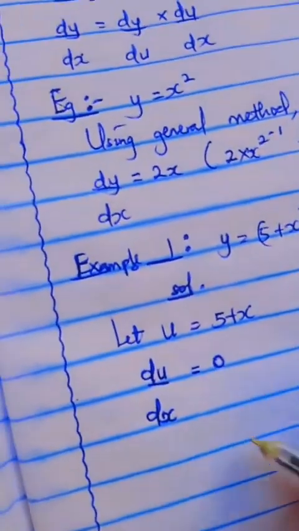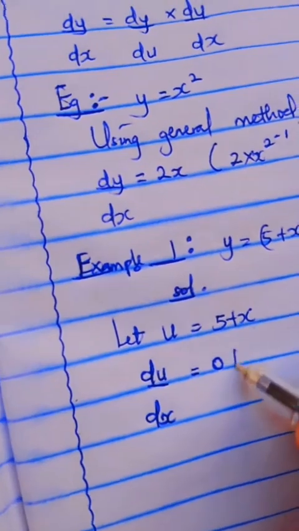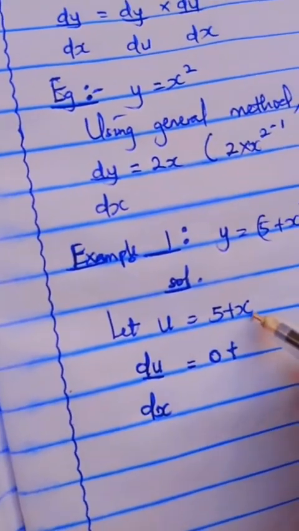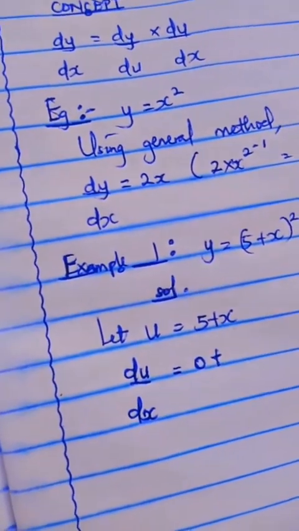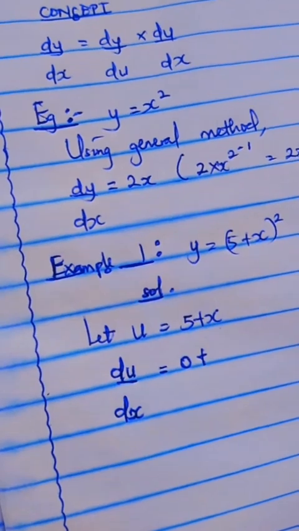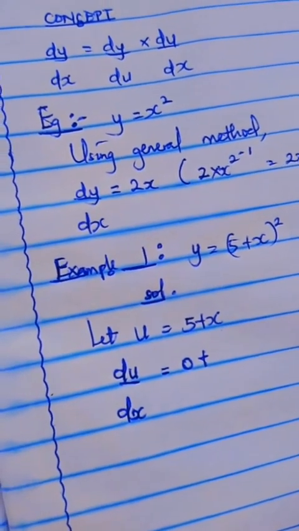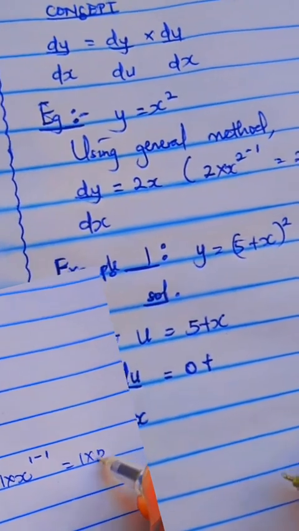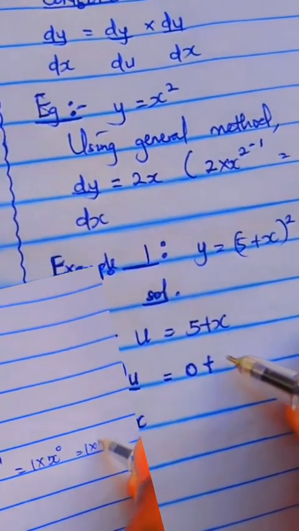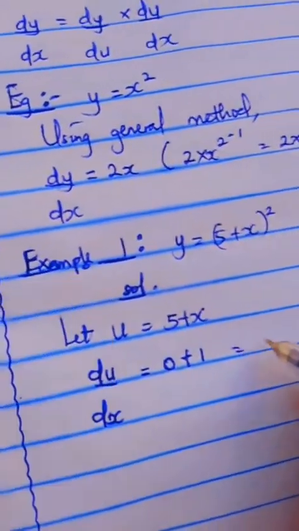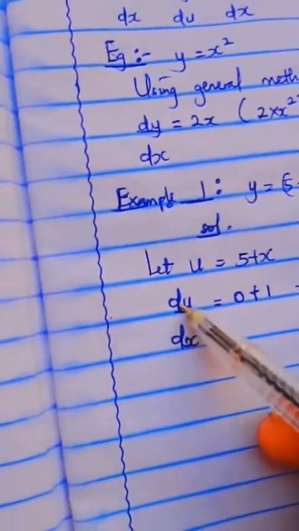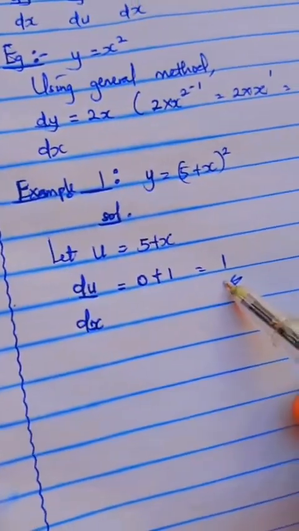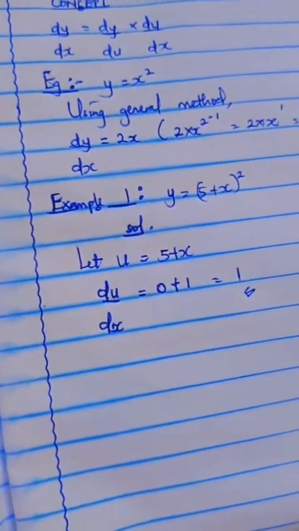Differentiating a constant gives me 0. So I'm writing 0 here. 0 plus, now differentiating x using the general method, x is the same thing as x raised to power 1. 1 times x raised to power 1 minus 1 gives me 1 times x raised to power 0. 1 times 1 gives me 1. 0 plus 1 finally gives me 1. So my du over dx equals 1.